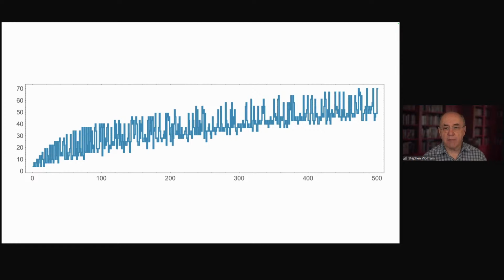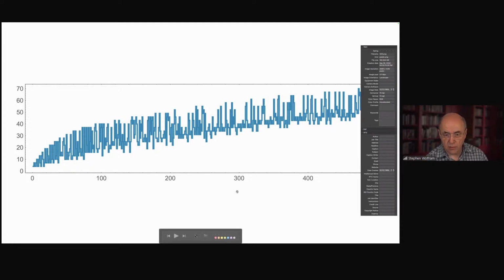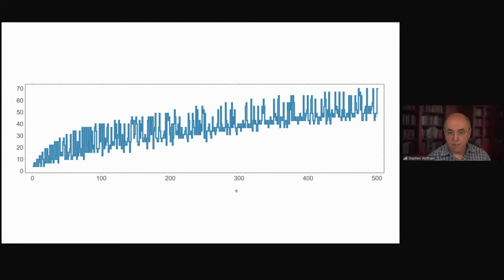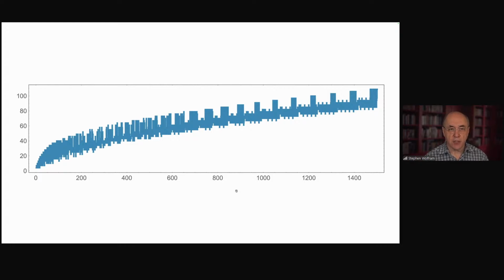So it might seem like it's going to go on being seemingly random forever, but if we take it further, we get a surprise. It seems to kind of resolve itself to something potentially simpler.